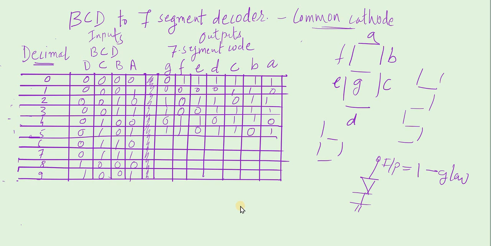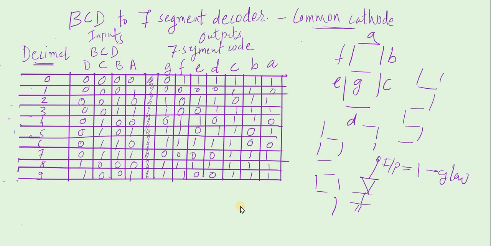Only A and B are off, all others are on. 7 is just like this: A, B, C are on and all others are off. For 8, all should be on. And for 9, E and D are off and all others are on.